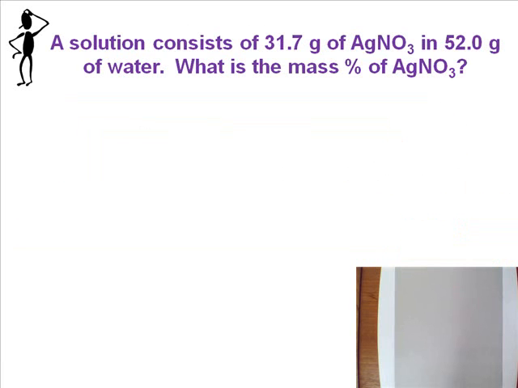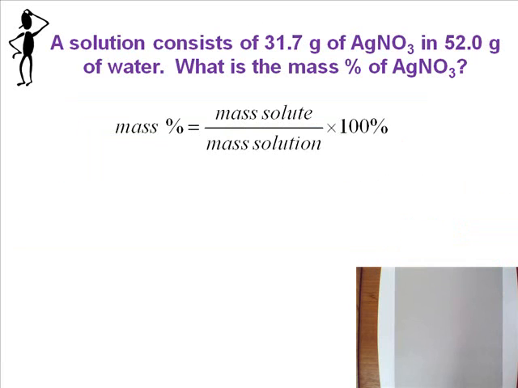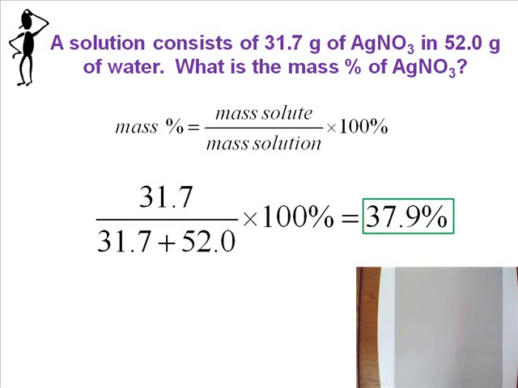So if we have 31.7 grams of silver nitrate, what is the mass percent? So we start off with the equation, which is mass of solute over mass of solution. We would take our 31.7 grams of silver nitrate divided by the total mass, which is the mass of the water and the silver nitrate, and therefore the mass percentage of silver nitrate is 37.9.